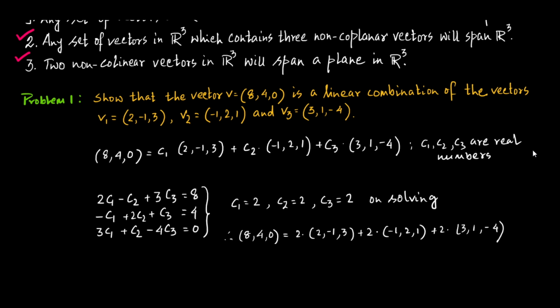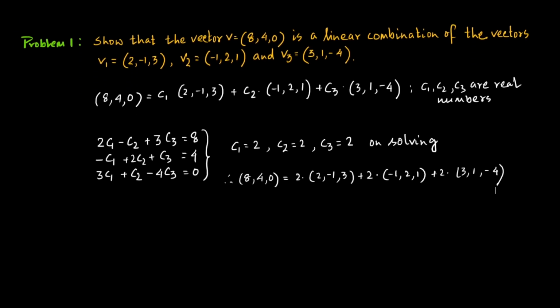Hence, we have shown whatever was asked in the question. So this is how you can express any vector as a linear combination of other vectors, if at all that is possible.